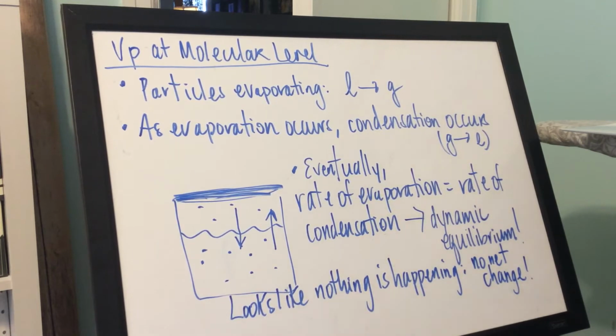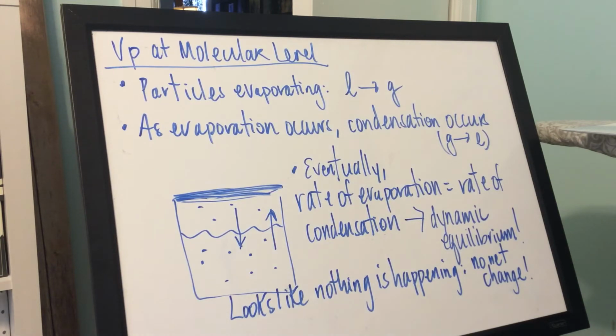So if you had, for example, 5 particles evaporate at the same time that 5 particles condense, it would look like to you, the viewer, that nothing was occurring, when in all reality something is occurring, but there's no overall change, and so it looks like nothing is happening. We're going to learn later that this is true in reactions, which is the whole chapter on equilibrium, and this is just kind of the intro to that. So that's a discussion of evaporation and condensation and dynamic equilibrium.